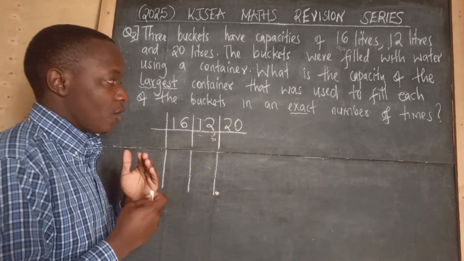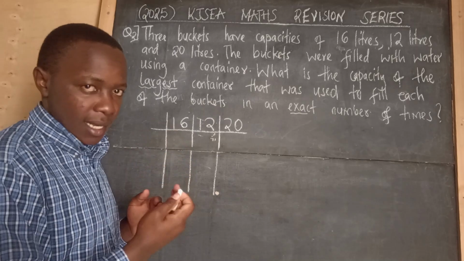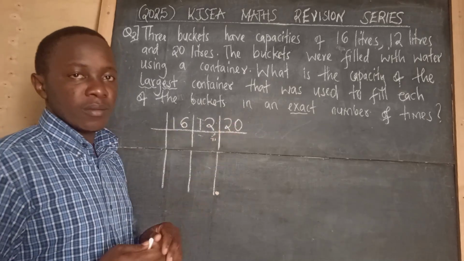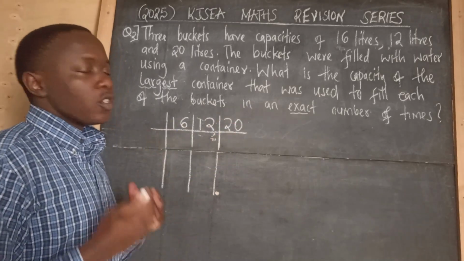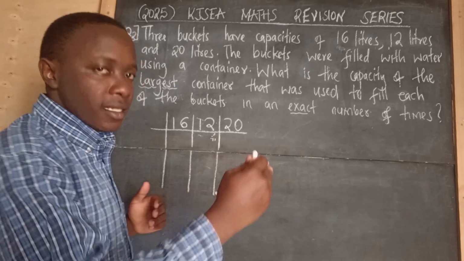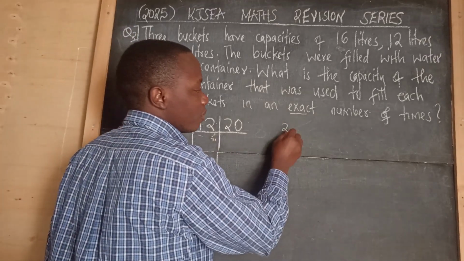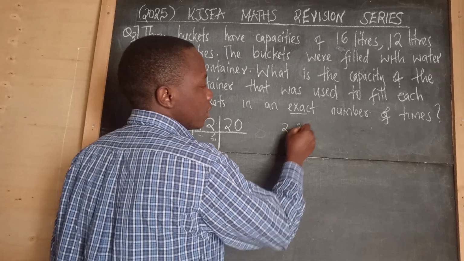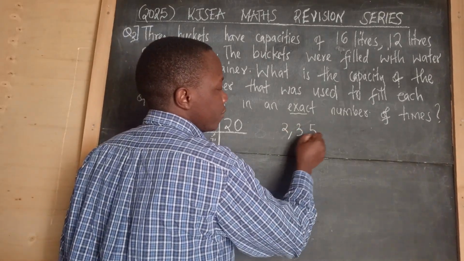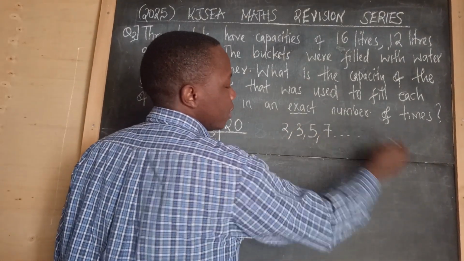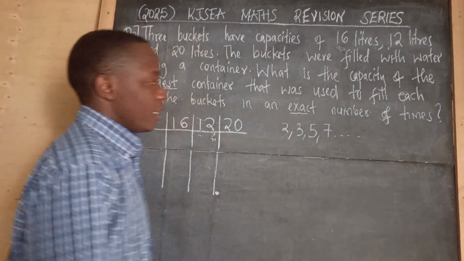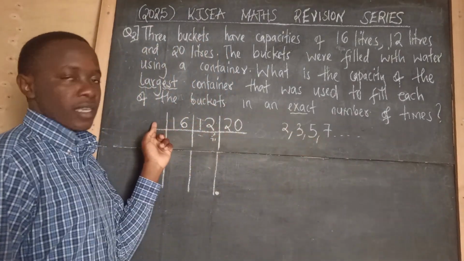What prime number can divide all of them without a remainder? So I like telling my learners to list those prime numbers that you're supposed to use here. So the prime numbers are 2, 3, 5, 7, 11, etc. Okay, these are the numbers you're supposed to divide with here.